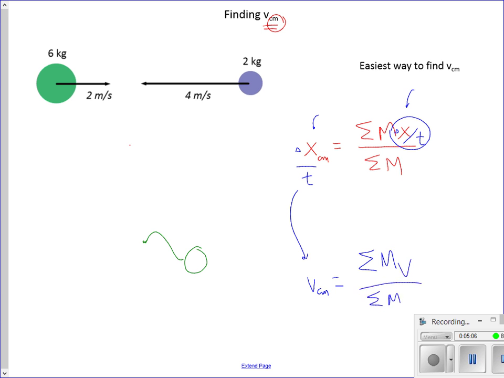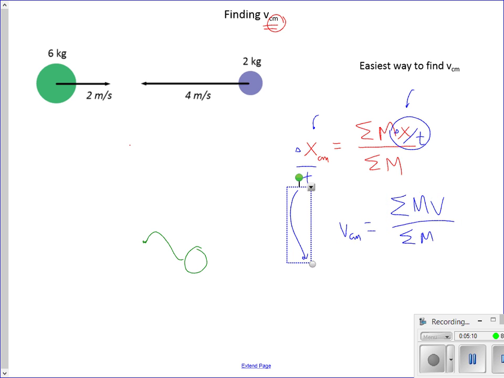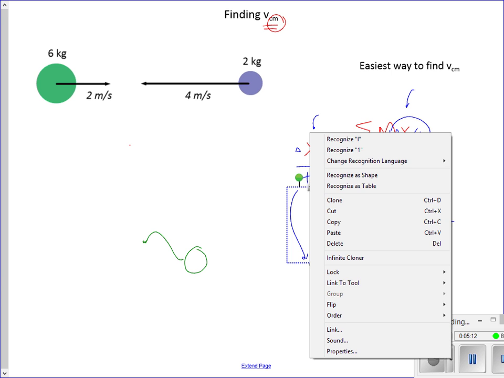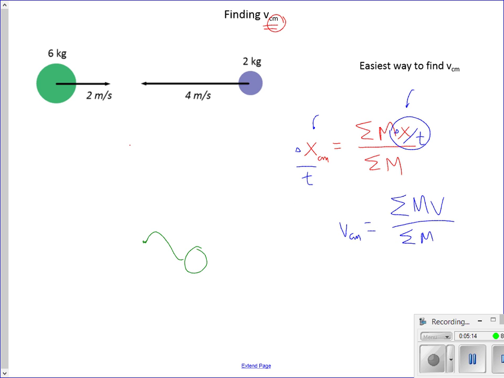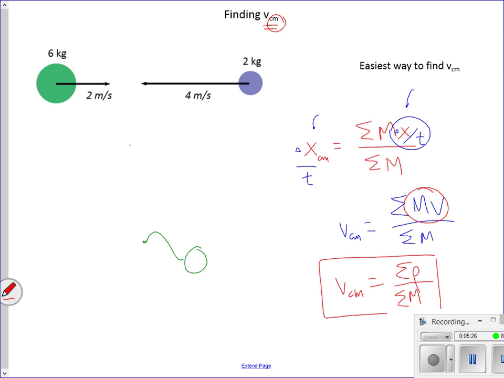What is this really but a statement that the velocity of the center of mass is the sum of all the momenta divided by the sum of all the masses? So there's the quote-unquote easy way to find a system's center of mass velocity.